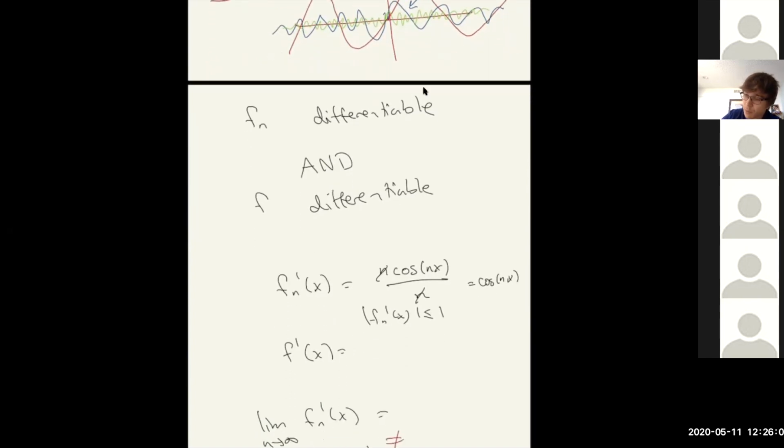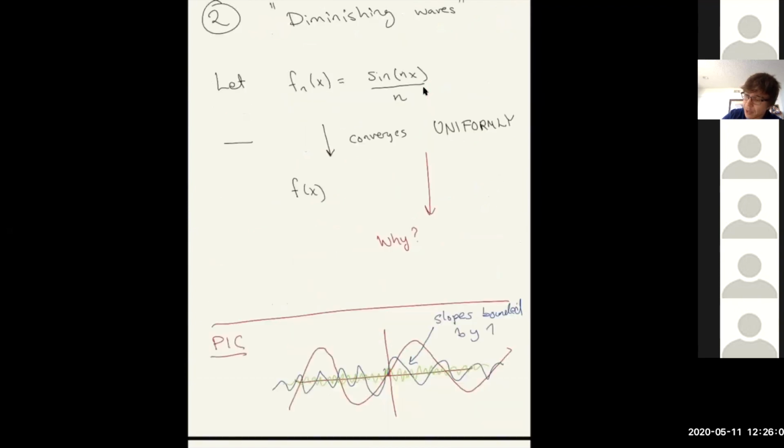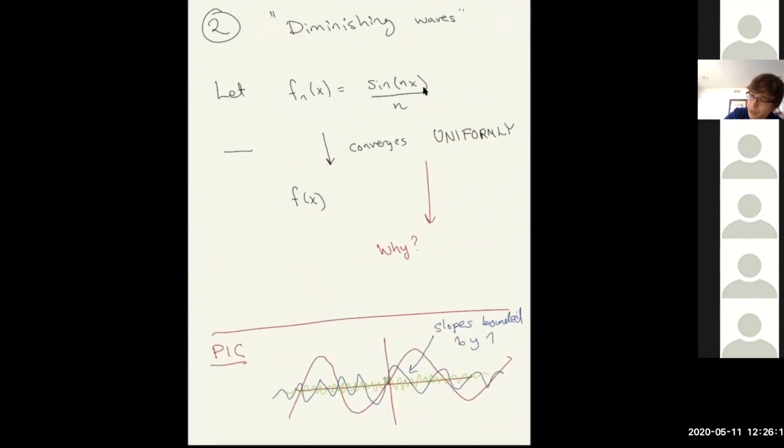But the limit function, what is happening in the limit of this sequence? Well, the amplitudes are decreasing, so this limit function is equal to 0. Namely, if we fix a positive epsilon, then we can pick an n bigger than 1 over epsilon.